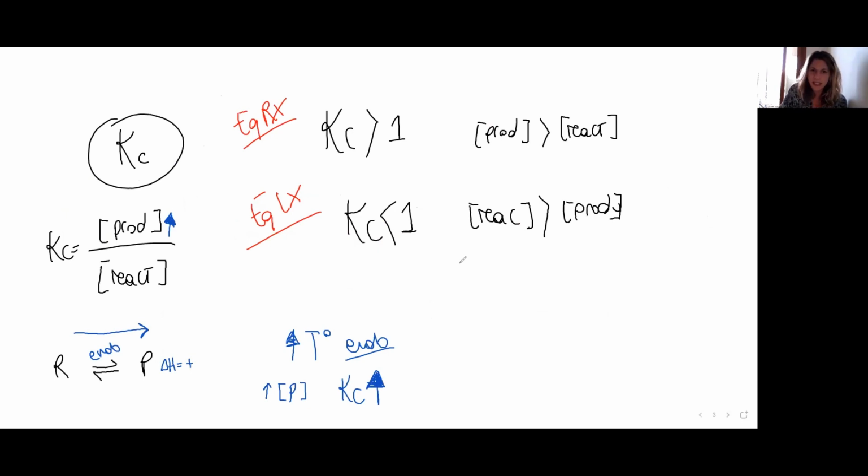Sometimes you can see Kc being equal to 1, which means you have the same concentration of products and reactants, a possibility where the equilibrium is exactly in the middle, which I didn't mention before. The last thing is that Kc is affected only by changes in temperature, because it favors the forward or the backward reaction.